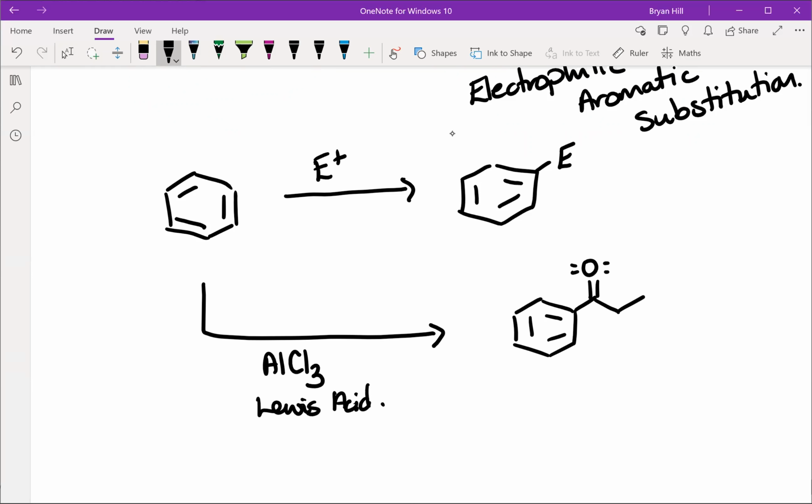And it would react with whatever reagents here to form an intermediate like this, which we could draw a resonance structure for. I should draw it linear, so it would be linear.